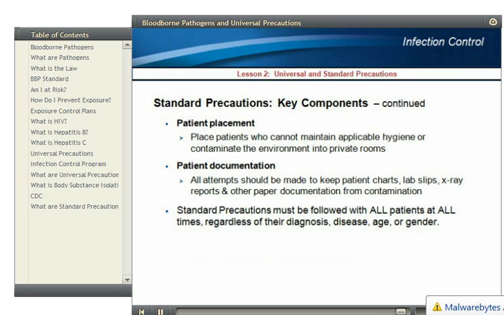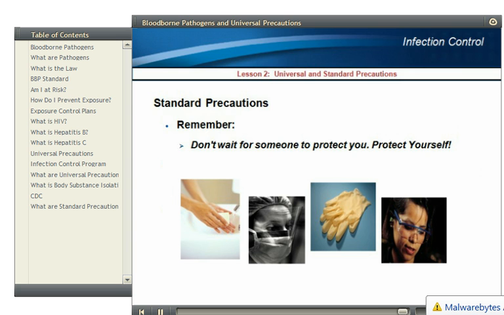Standard precautions must be followed with all patients at all times, regardless of their diagnosis, disease, age, or gender. Remember, don't wait for someone to protect you. Protect yourself.